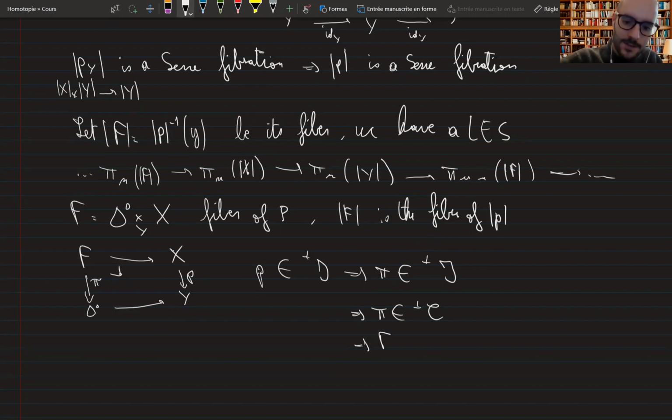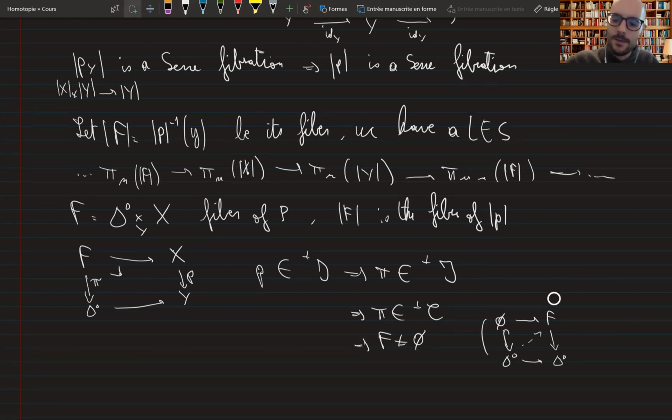And so in particular, F is non-empty, because otherwise it would not have the lifting property with respect to all inclusions, because of this diagram, right? This is an inclusion. Therefore, we can find a lift. And therefore, F is non-empty.